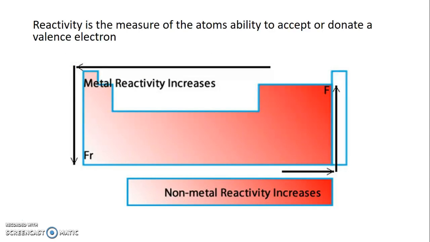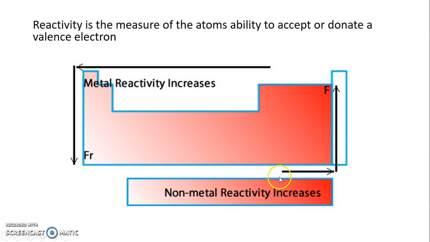Reactivity is related to the same thing, right? Metal reactivity increases as the metal is more likely to give away its electron. If it has a very low electronegativity, if it's not going to attract that electron, right, then it's more likely to give it away. If you don't hold on to your electron very strongly, you're more likely for someone to take it out of your hands, right?